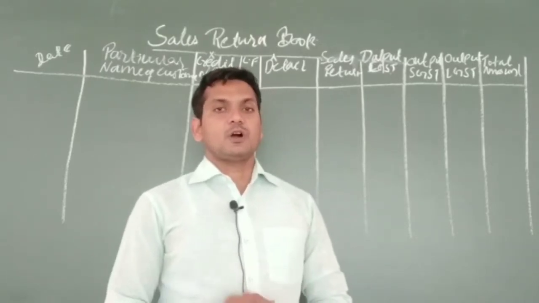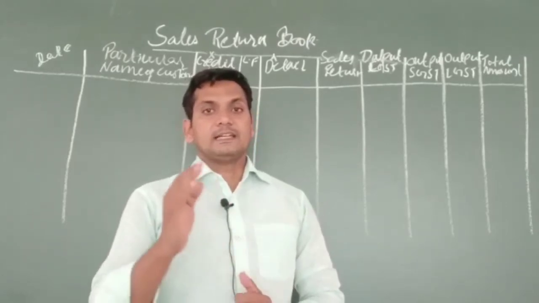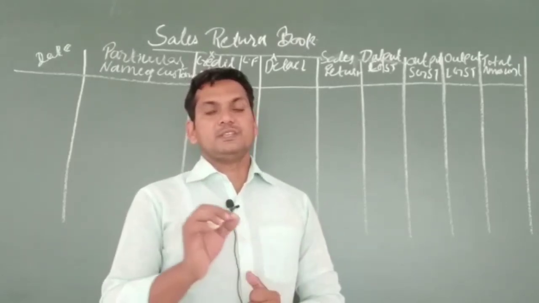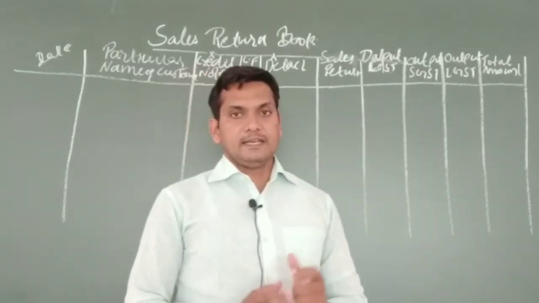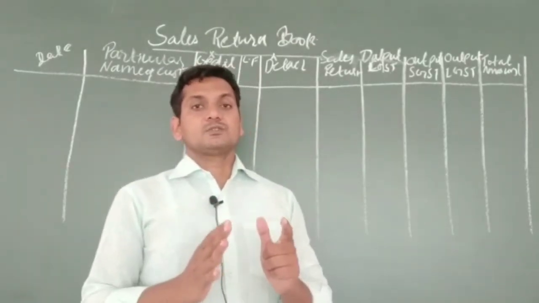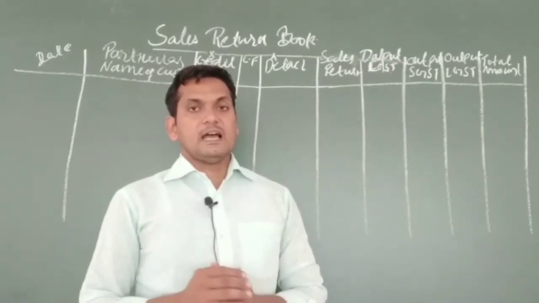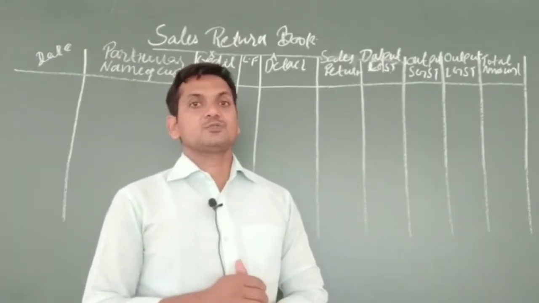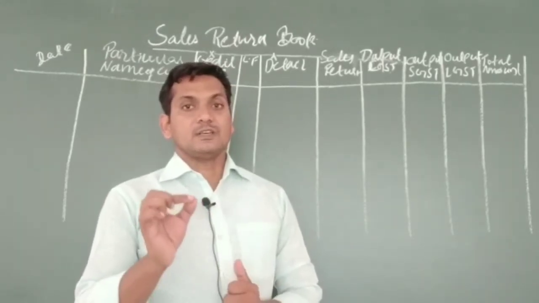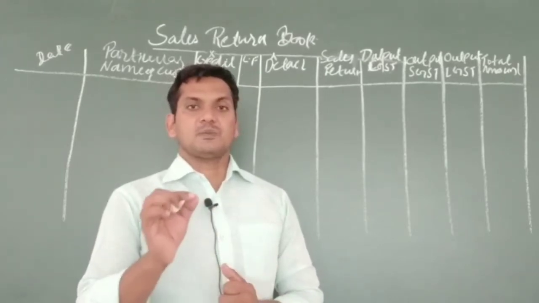Sales return books are those books which record the return of goods which were already sold to the customer on credit basis. It means that a business previously sold goods on credit to the customers, and the customers feel that the goods are not according to the sample, that the goods are damaged in transit, or any other problem.